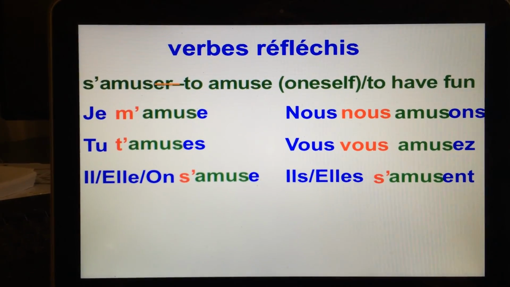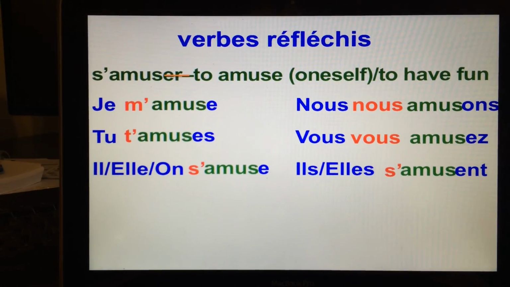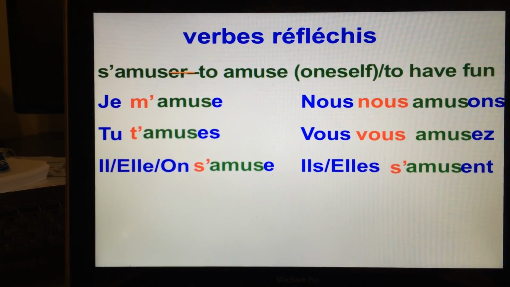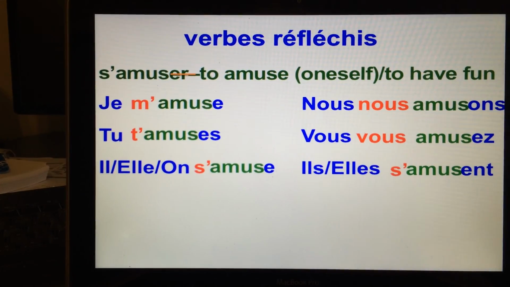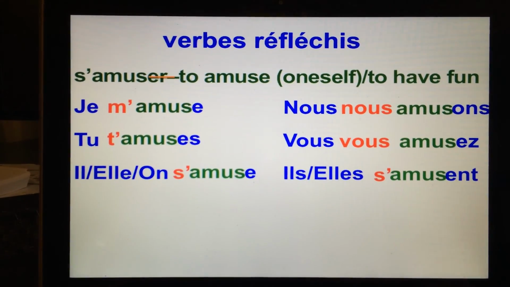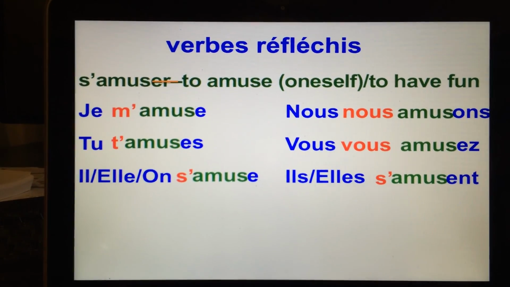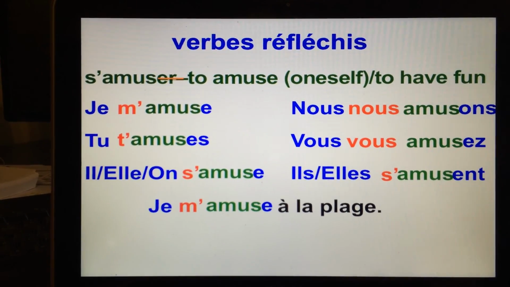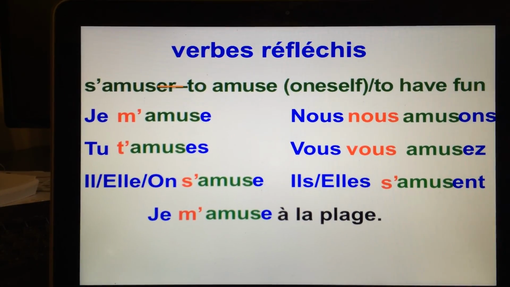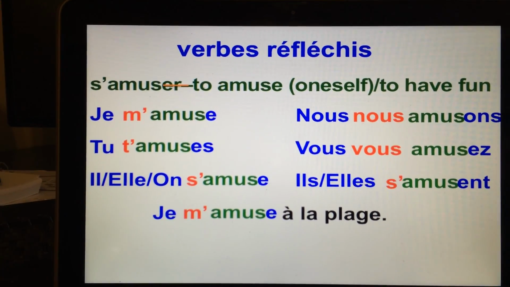All right. Now, before we move on, we're going to talk really quickly about reflexive verbs in the negative, okay? So, if you recall, when we make sentences negative in French, we add ne pas, and ne pas usually goes right around the conjugated verb. It hugs the conjugated verb. So, let's take a look at this example. Je m'amuse à la plage, right? Our conjugated verb is amuse.